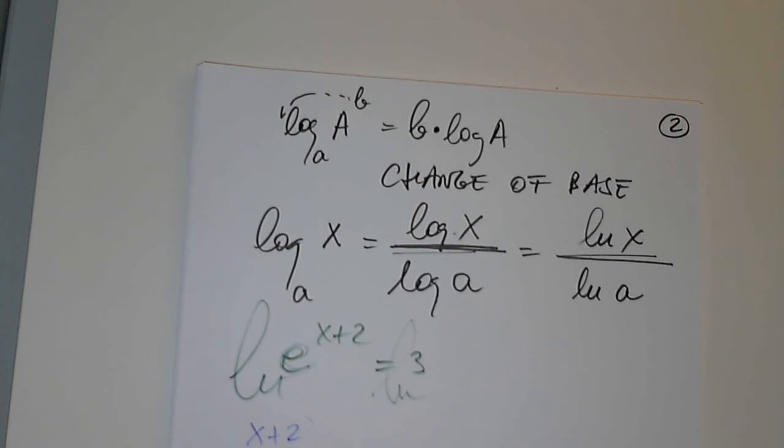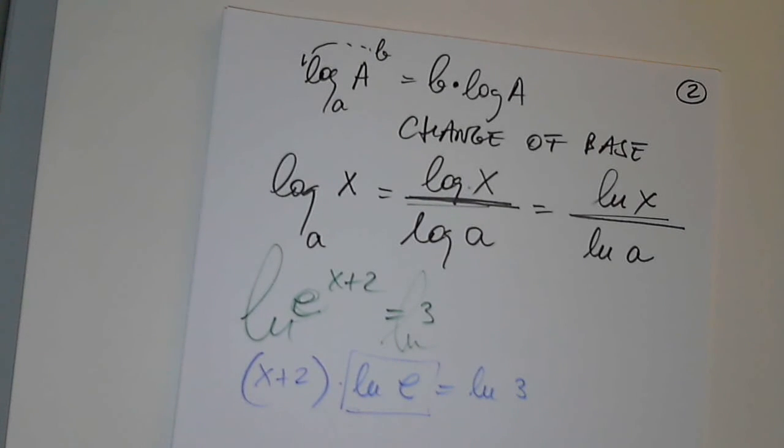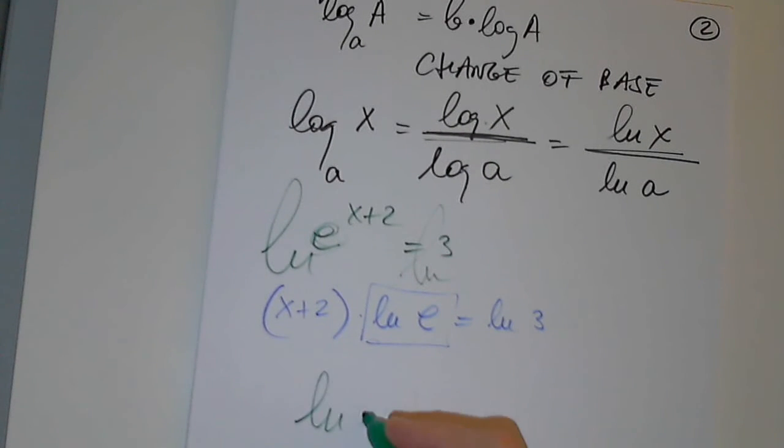I should put in parentheses times natural log e. Let me do it just this time. But does anyone remember how much is natural log e? 1. So if, in case you don't remember, you can put it in the calculator, or I can show you the property. Here's the property.